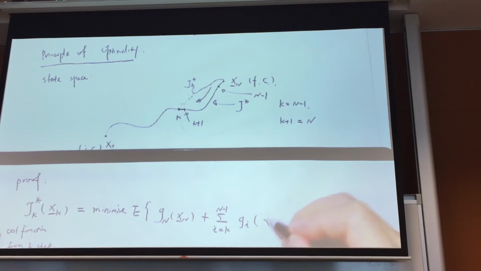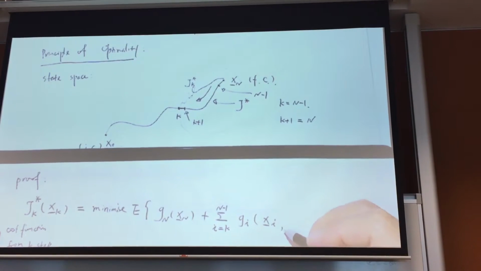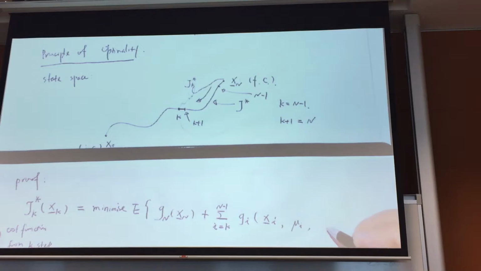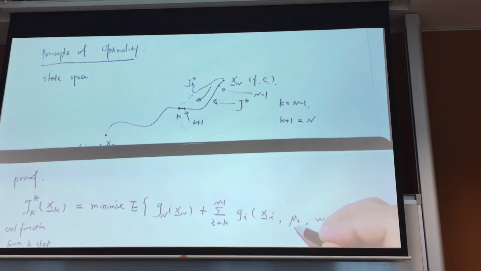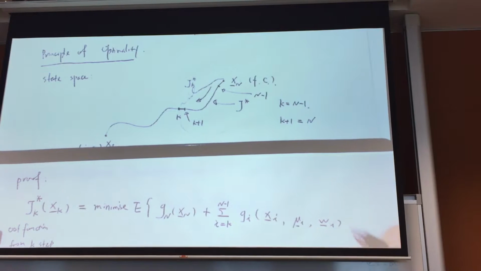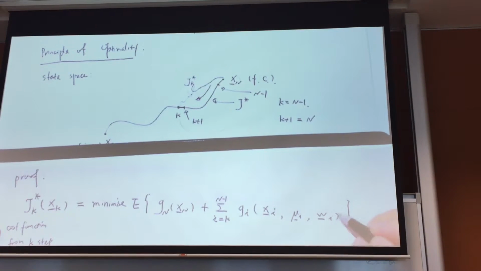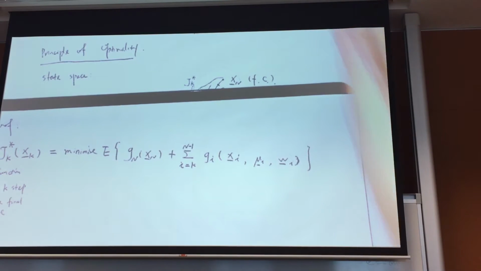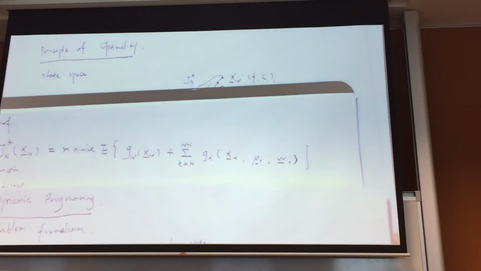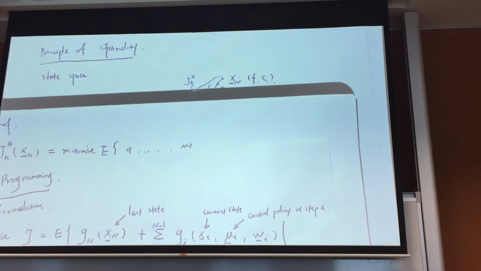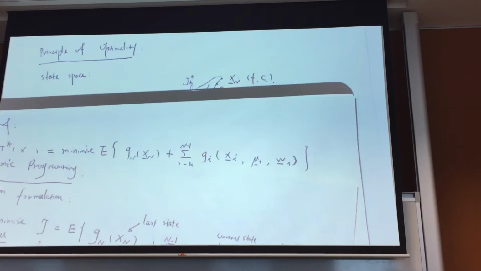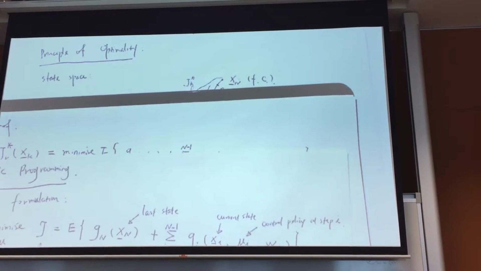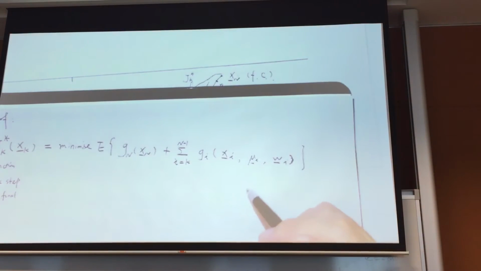The equation is supposed to be the same. So this equation is quite similar to our problem formulation. We only change the starting state from 0 to k, because now our starting point is the kth state.